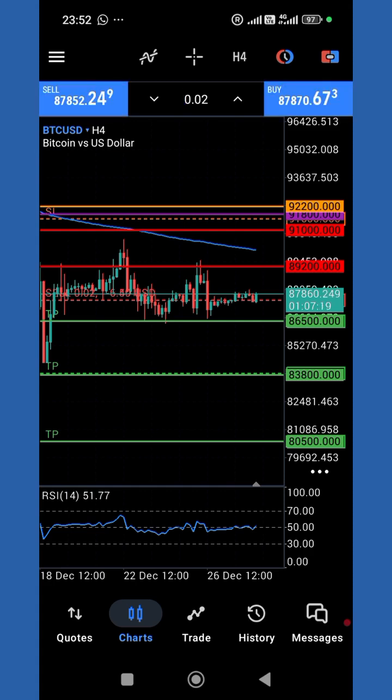And looking at the charts, we have the price rejecting previous support, which shows that supply is dominant. When you look at the market, you see that price is rejecting the support area.